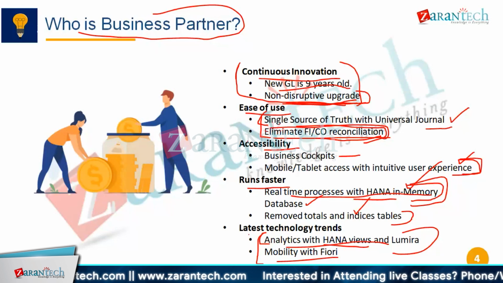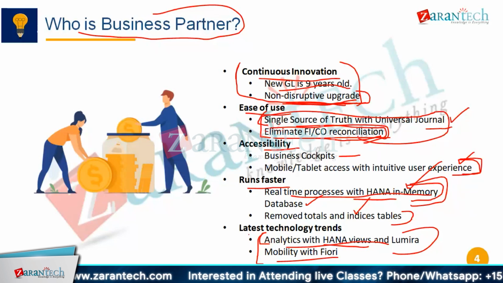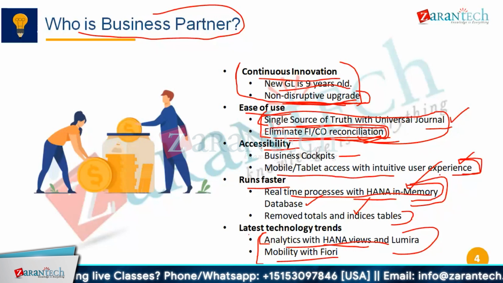We will discuss these in detail, okay, so that you get much clarity about what we mean by single source of truth and what is the elimination of FICO reconciliation. Accessibility, so we can access it from mobile and tablet with an intuitive user experience. Runs faster, real-time processes with HANA in-memory.